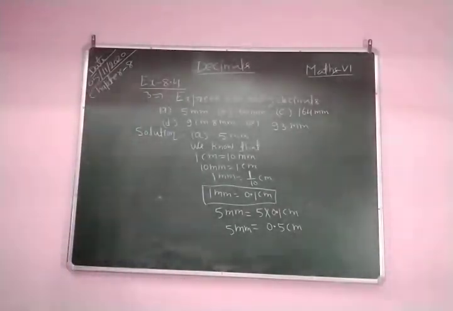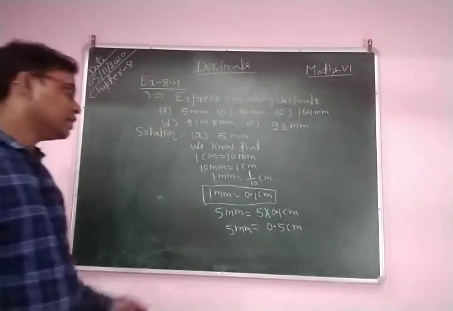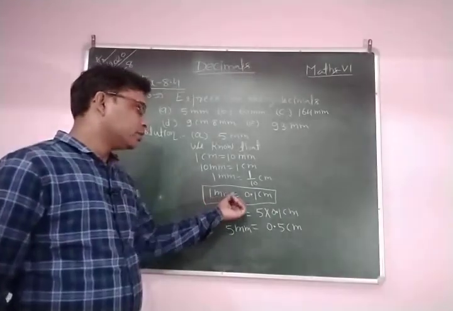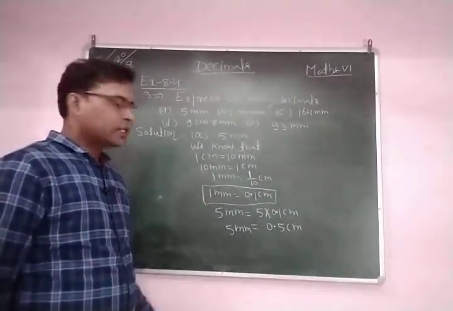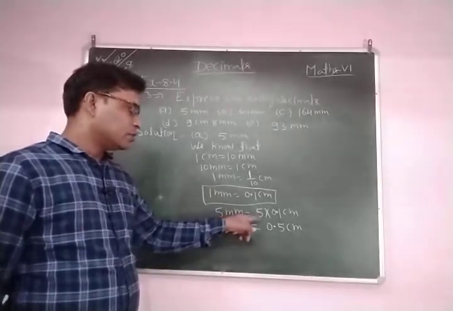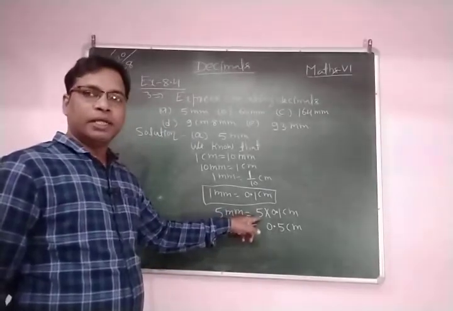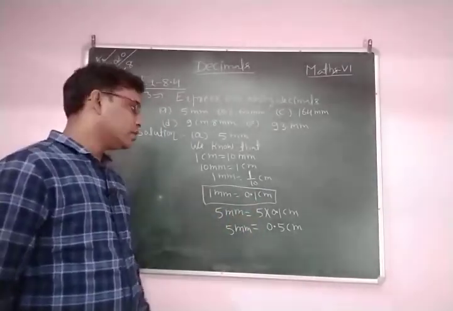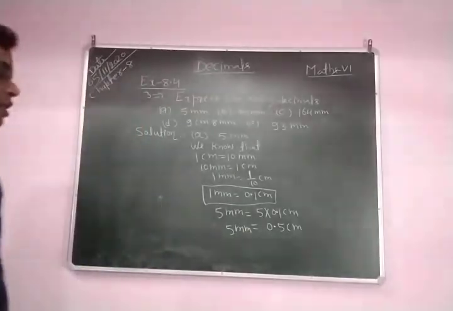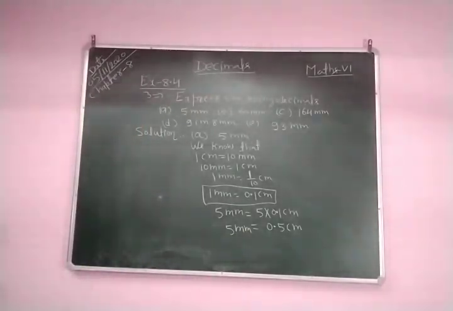If you divide 1 by 10, you obtain 0.1. So 1 millimeter is equal to 0.1 centimeters. Then we have 5 millimeters, so 5 millimeters is equal to 5 into 0.1, which is equal to 0.5 centimeters. In this way you find 5 millimeters is equal to 0.5 centimeters.